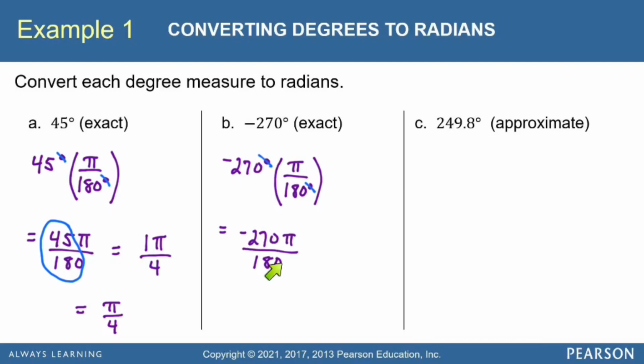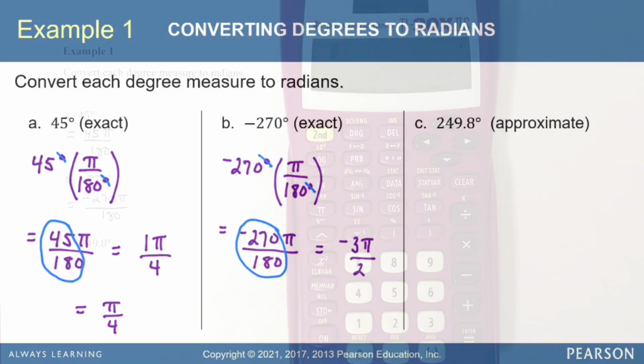And now we need to simplify the fraction negative 270 over 180. Well, we know that 90 goes into both of these numbers, 90 times 3 is 270, and 90 times 2 is 180. So this fraction is going to reduce to negative 3 over 2, and we'll write negative 3 pi over 2.